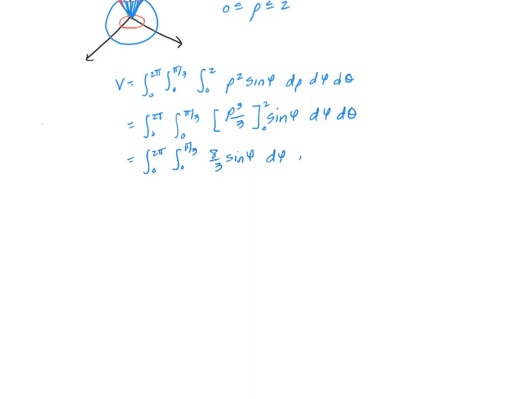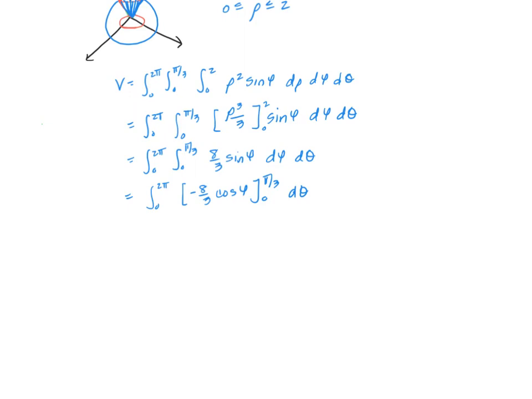Now integrating with respect to phi, sine of phi becomes negative cosine. So this is going to be negative 8/3 cosine phi. And again, you can pull out the negative 8/3. I'm just going to leave it in because these computations are not bad. Maybe I should have taken it out because this is a pi over 3.